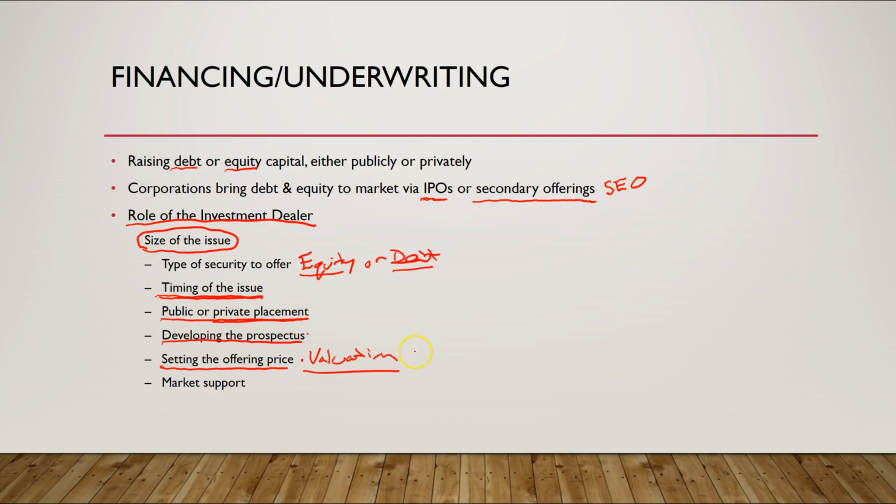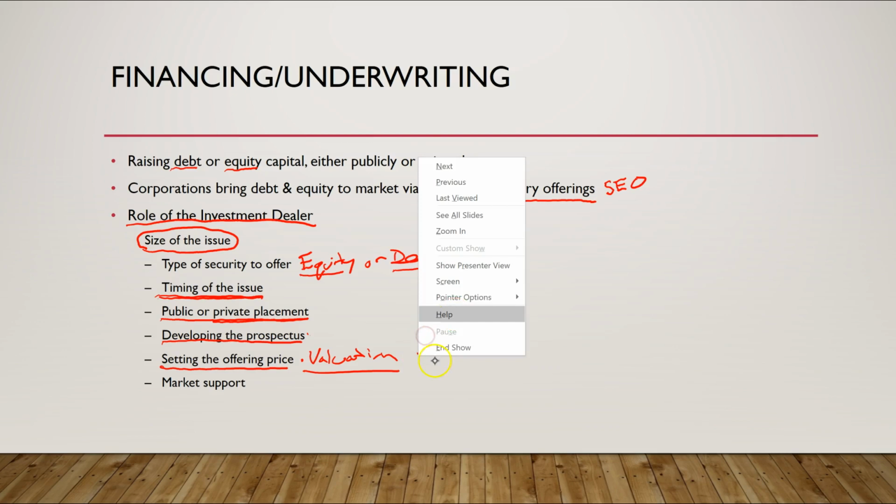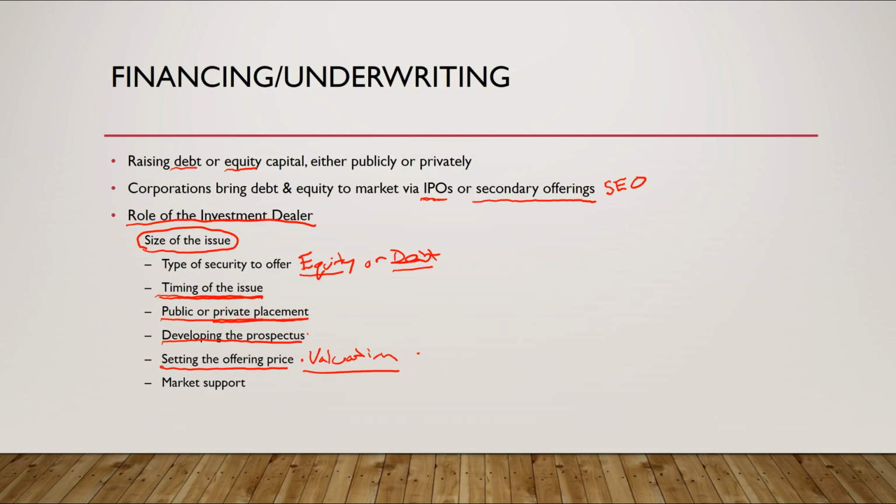But this is going to be a huge portion, because you don't want to overvalue, and you don't want to undervalue. A lot of the time in the IPO world, we see that most firms usually have a first-day run-up, right? And we refer to that as underpricing, and there's lots of research that focuses on how IPOs have been historically underpriced.